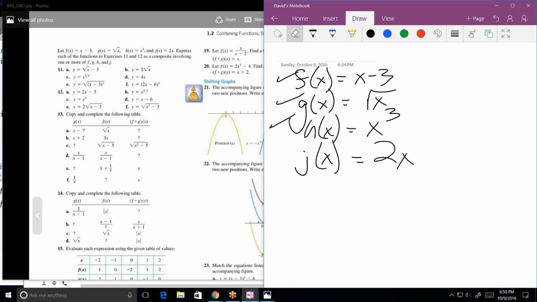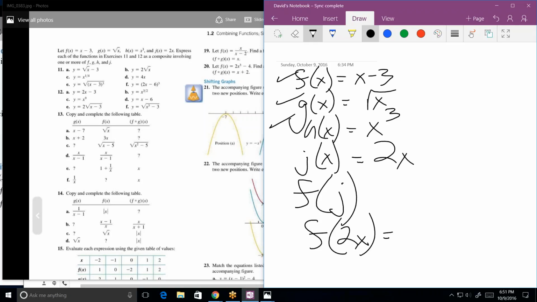But I don't see. Hold on a minute. No, if I said f of j, well, that would be f of 2x, and that would be 2x minus 3, not 2x minus 6. So you see my problem?